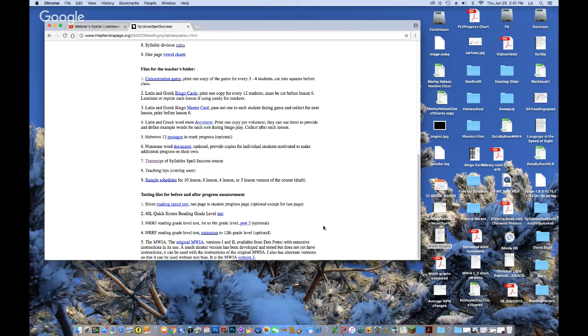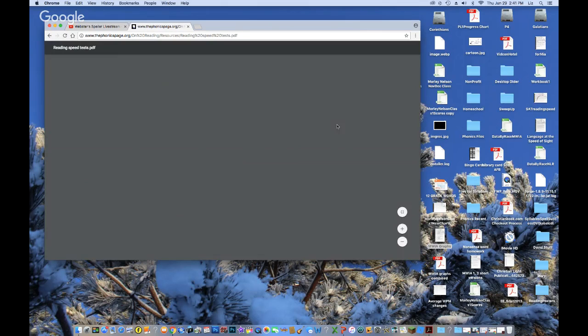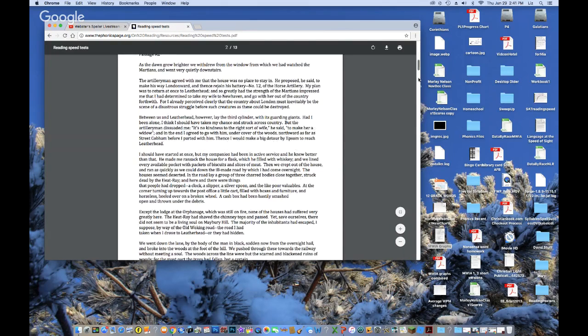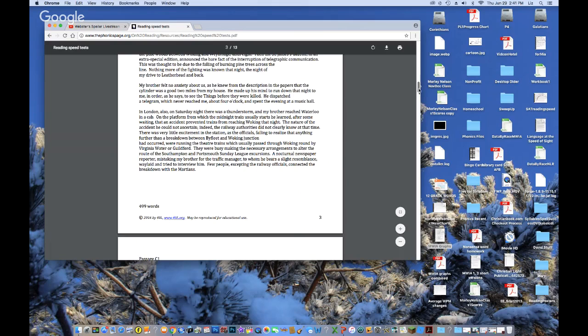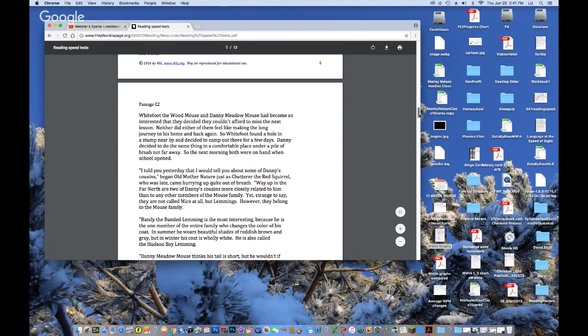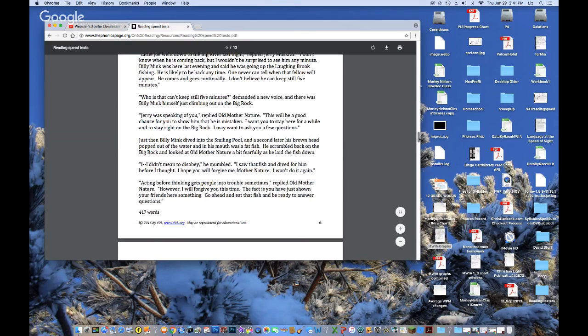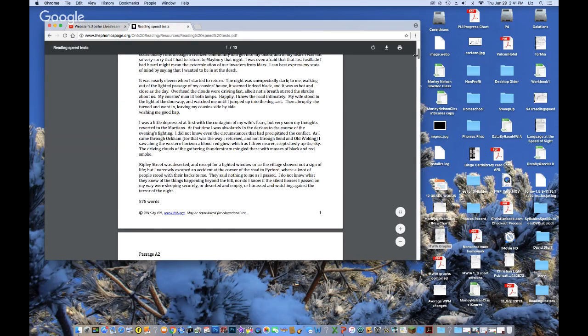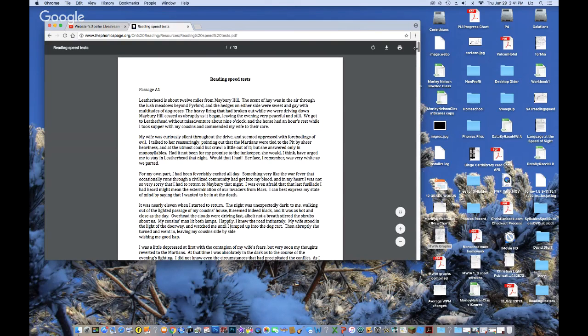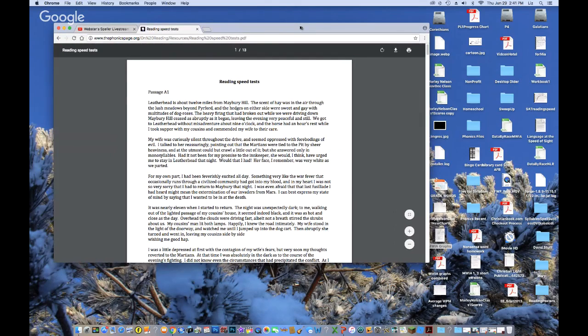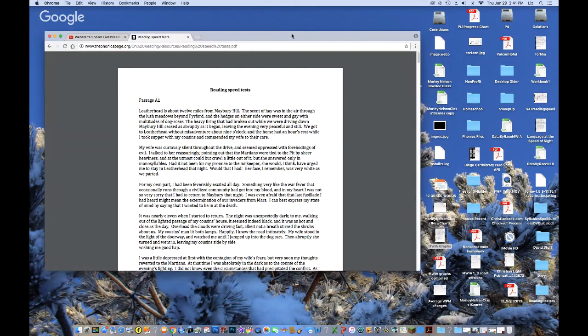And I have 2 different books. For an older student, there's War of the Worlds, and for the younger student, there's something from Danny Meadow Mouse. And there's instructions on how to give that and how to find out the reading speed.